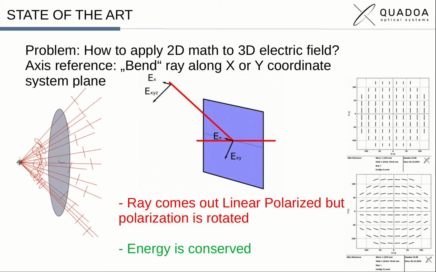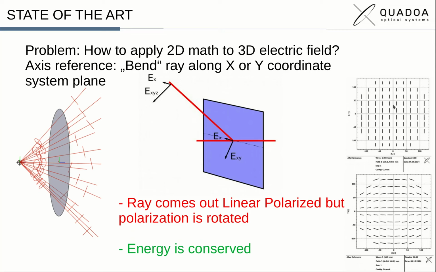The third option is similar to the second option. However, in this case, the ray is not bent along the sagittal plane, but along the x or the y axis. And this has the advantage that if we have, for example, linear polarized light in the y direction and we bend it along the y direction, we get a linear polarization in this case.